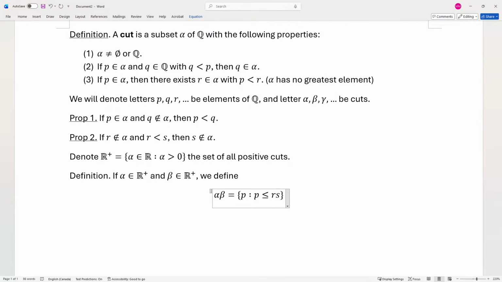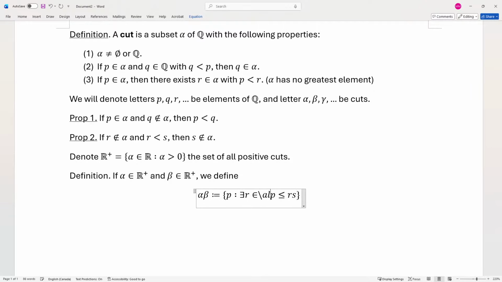So that's the definition of the multiplication. Okay, so let me finish this. So p for some, or should we say there exists, p such that there exists.